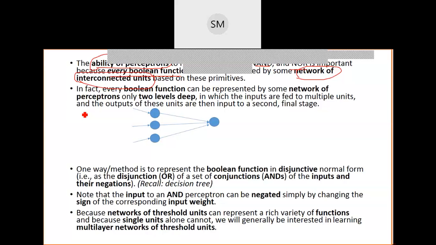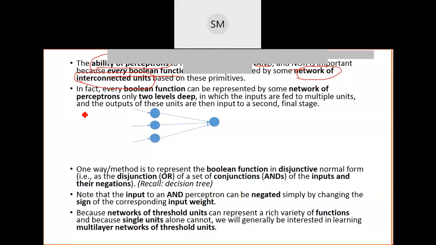It means that it is nothing but a perceptron. Because of that, again and again I am telling you a perceptron can be used to represent these Boolean functions. It means an artificial neural network can be used to represent these Boolean functions.